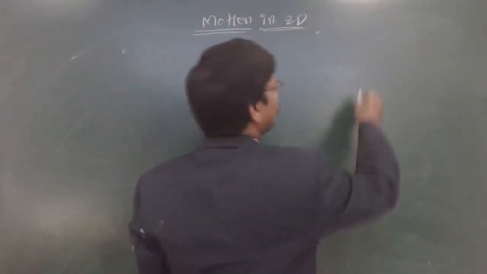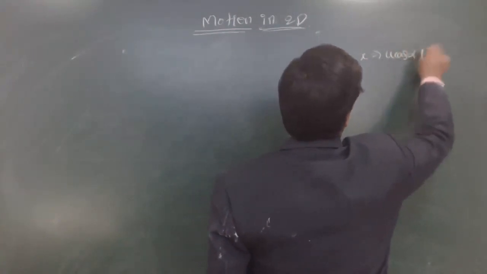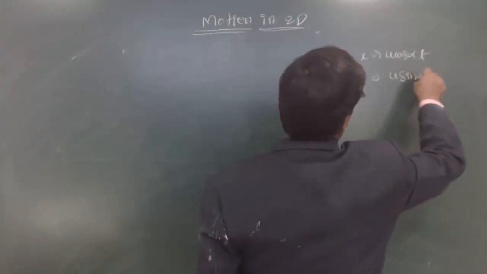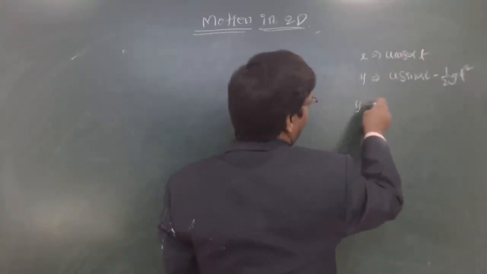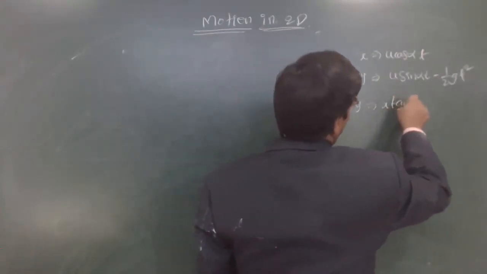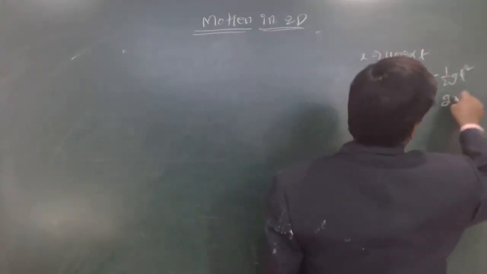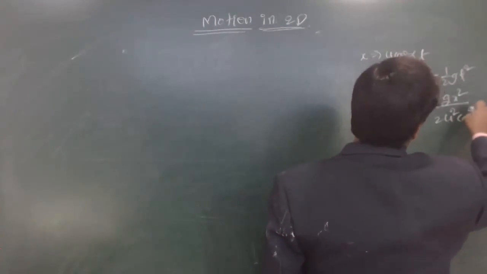So we have got the fundamental relations x is equal to u cos alpha into t, and y is equal to u sin alpha into t minus half g t square, and then y is equal to x tan alpha minus g x square by 2 u square cos square alpha.